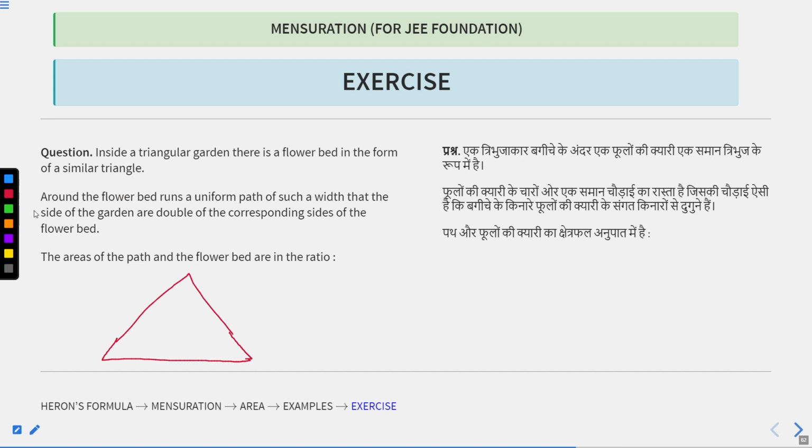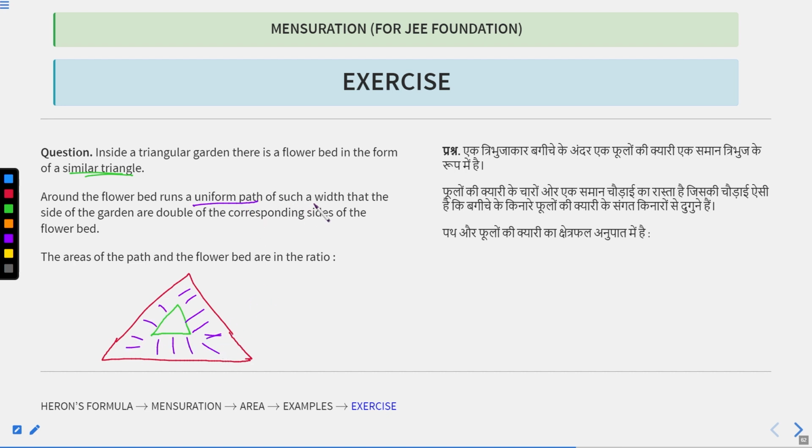So here's my garden, here's the flower bed with similar triangle. Similar triangle means the triangle looks like the bigger one but is smaller in size. Now around the flower bed runs a uniform path. Here is the path, this is my path.